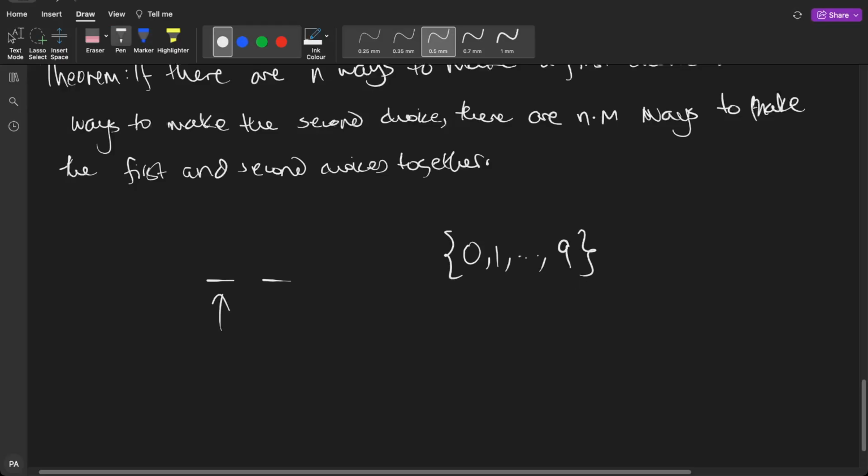For the first, we have a total of 10 different digits. Be aware that the size of this set is 10, not 9. Be careful. Now, for each of those 10 digits that we choose first, we have another 10 choices for that second digit.